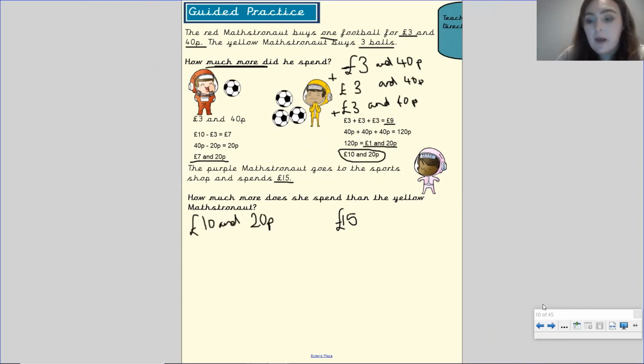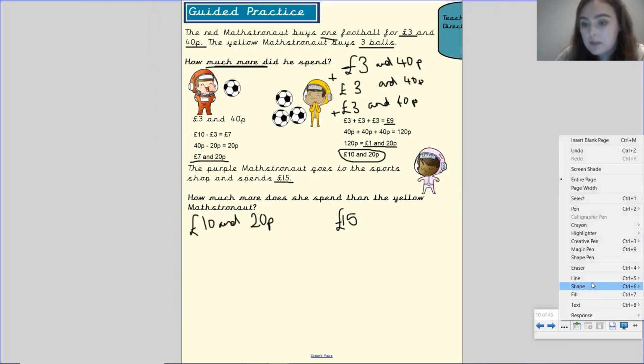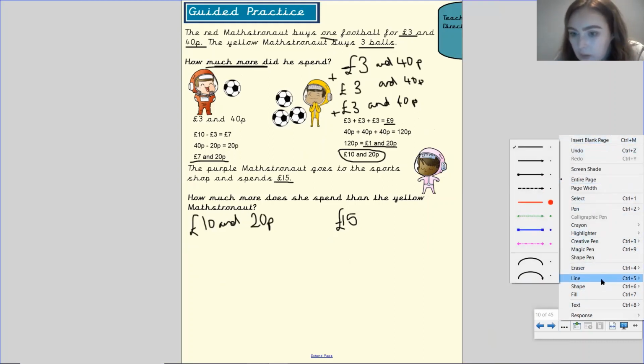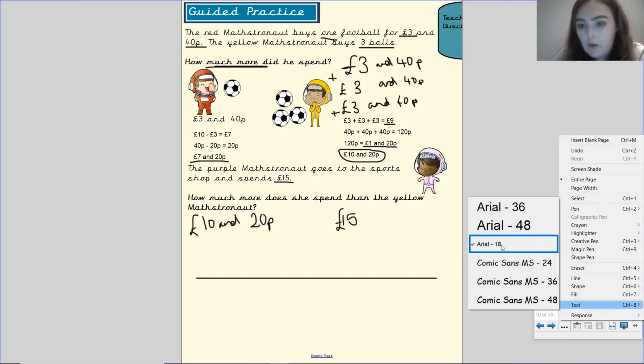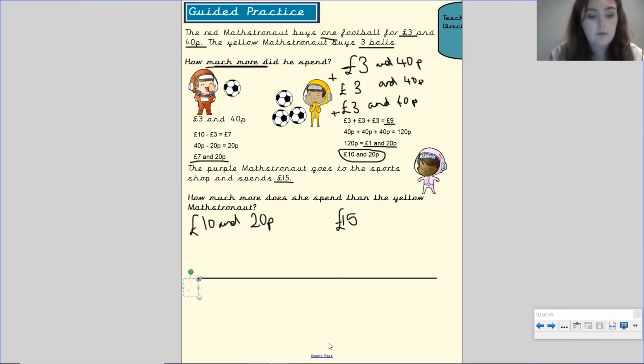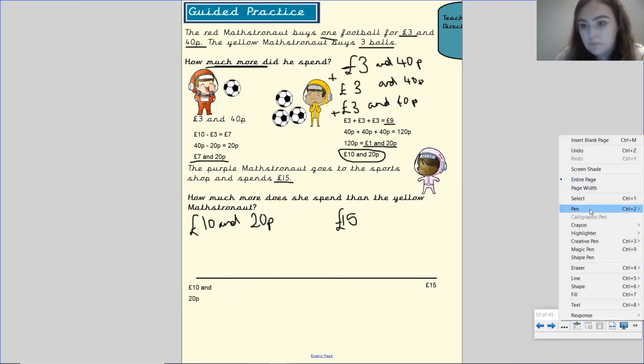Okay, so for this one, I'm going to have a go at using the number line. So here we go. Let's draw a line. And then on one end of the line, I'm going to write £10 and 20 pence. And then at this end of the line, I'm going to write £15 because I want to find the difference.